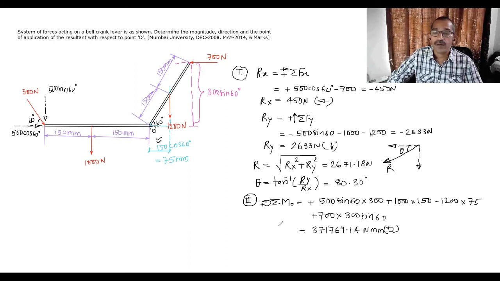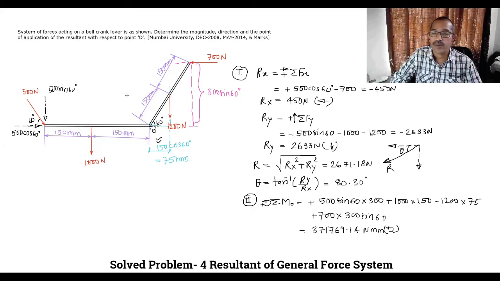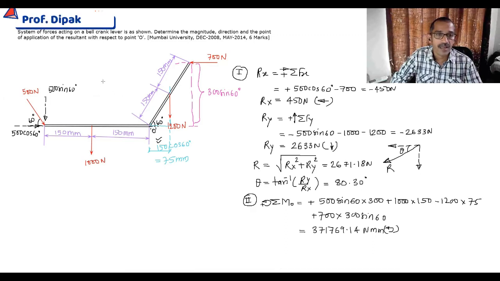Now the moment of all forces, if you add, is anti-clockwise, and the moment of the resultant about O should also be anti-clockwise. That means where we represent this resultant is important. If I represent the resultant on the left side of point O like this, here I represent R at around 80 degrees, near the vertical.